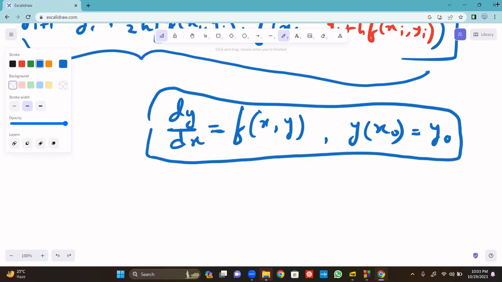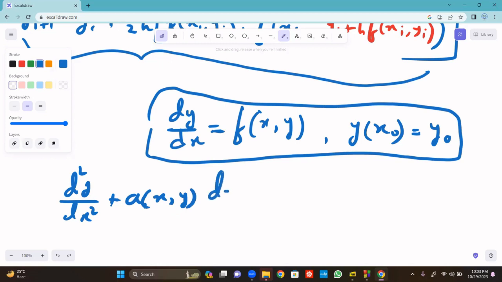But for example, if we are given a second order differential equation that looks like this, d square y by dx square plus maybe some function a of x, in fact, there is no problem if the function a contains y.